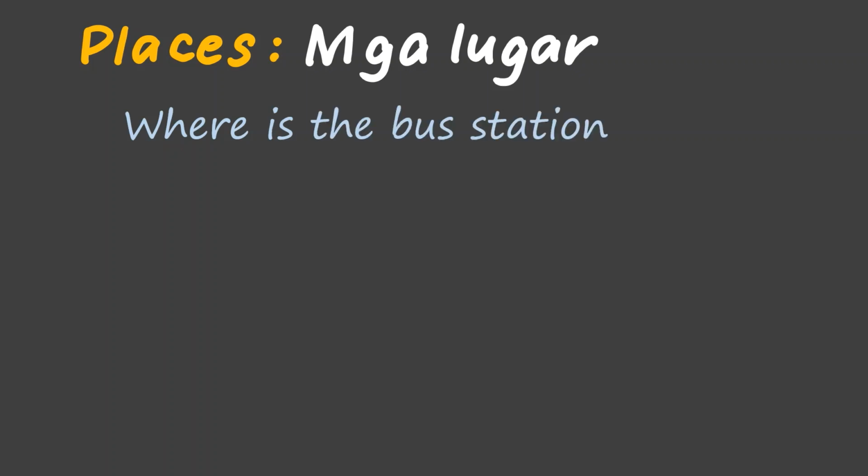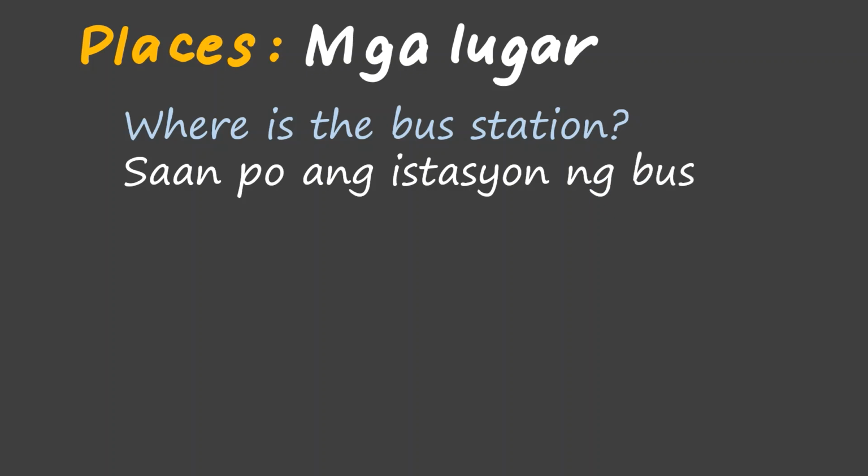Now let us look at some examples using words saan or where to ask about places or mga lugar. Where is the bus station? Saan po ang istasyon ng bus? Ang bus station, istasyon ng bus.